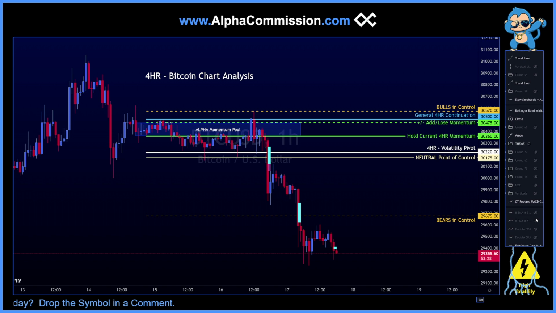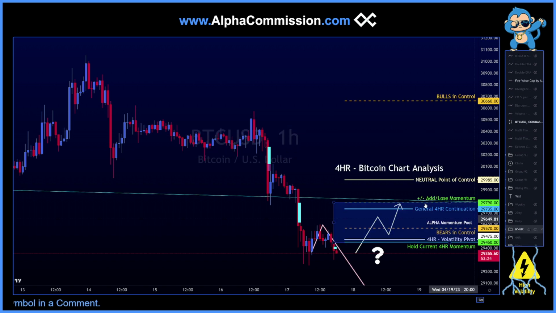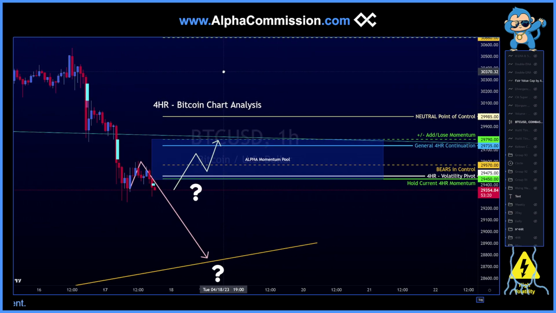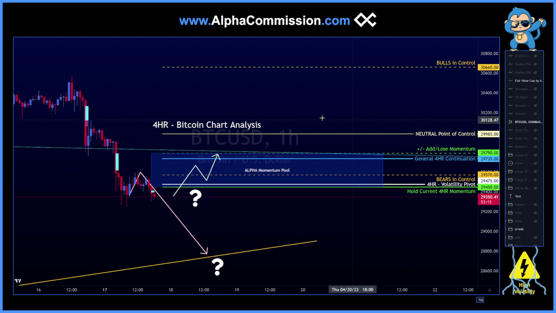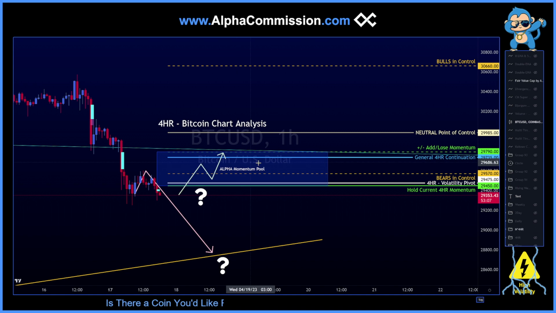Guys, let's go ahead and update this for you. Let's jump to the new 4 hour chart. And so we're just going to, again, pull forward and make some projections here where we can see that we essentially are below the current alpha momentum pool. And anytime we're in the alpha momentum pool, it's kind of like a question mark.